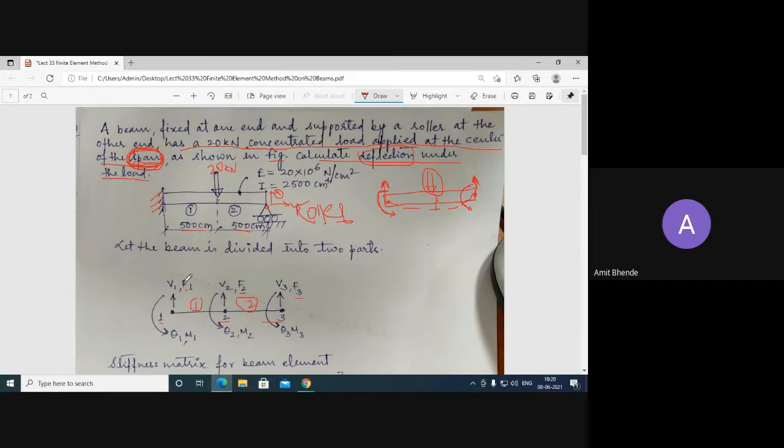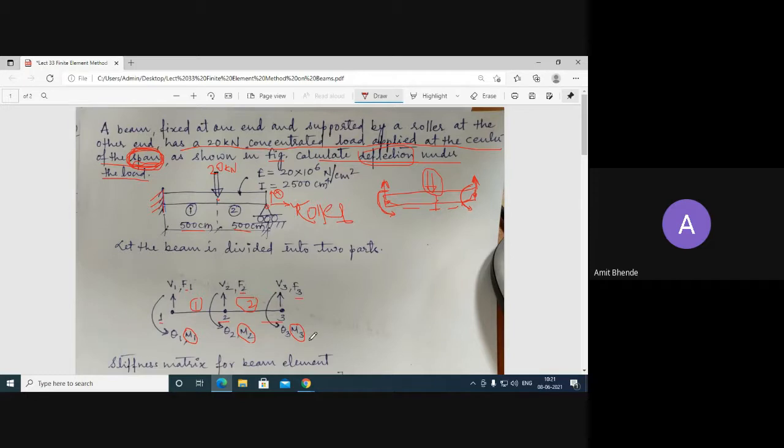Now, apart from the linear loading, there is moment also. A moment is also applied on these three nodes. So M1 is the moment applied at node number 1, M2 is the moment applied at node number 2, and M3 is the moment applied at node number 3.